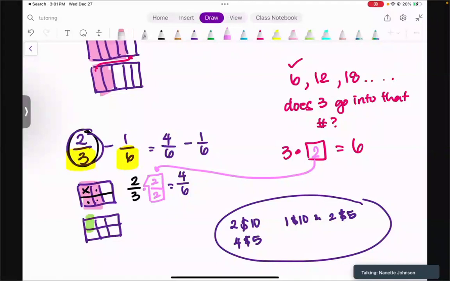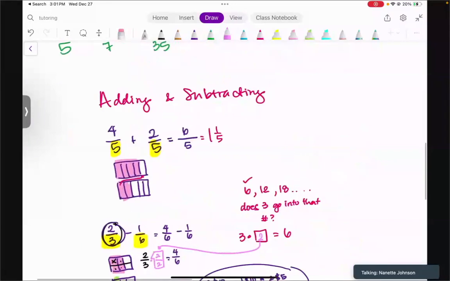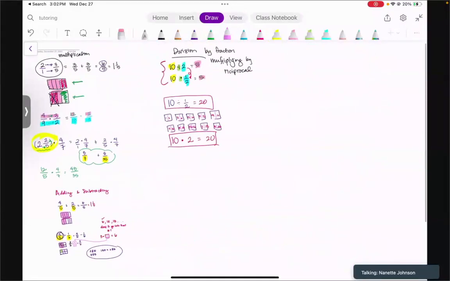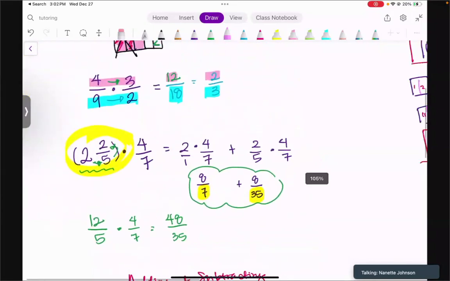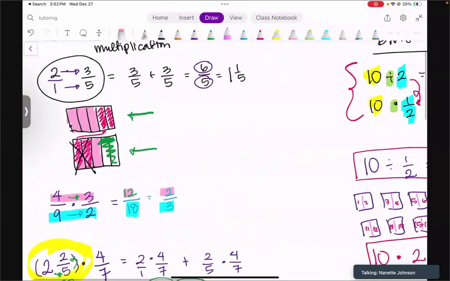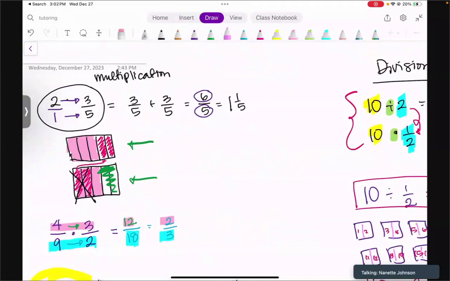And so I'll just say, of all these operations, multiplication, division, adding and subtracting, adding and subtracting is going to be your most task-heavy. Because in multiplication land, you're just multiplying across.